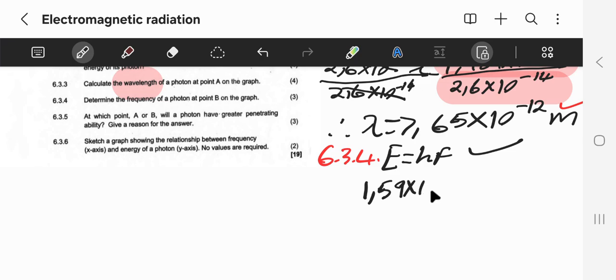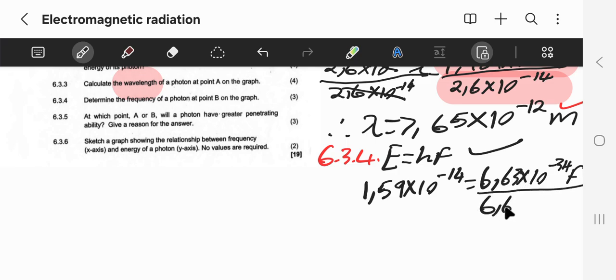1,59 times 10 to the power of negative 14 is equal to, do I know my Planck's constant? Yes, I do. My Planck's constant is 6,63 times 10 to the power of negative 34, and it's multiplied by f. Because I'm looking for f, it means I have to divide by the coefficient of f, which is the Planck's constant, that is 6,63 times 10 to the power of negative 34.